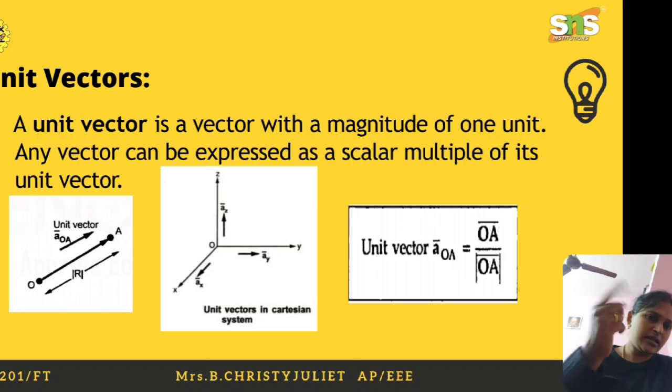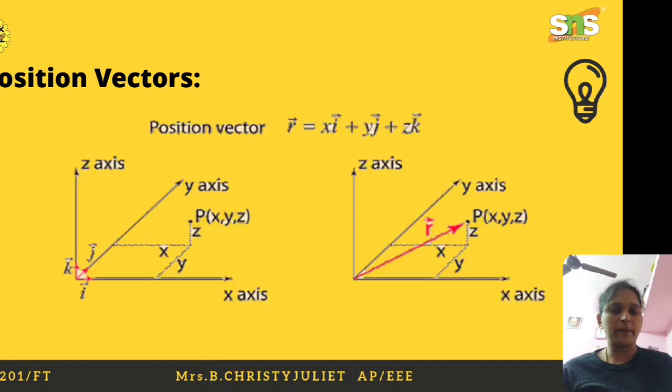The arrow above the unit vector can be called a cap. So the unit vector OA cap is equal to OA divided by mod OA.